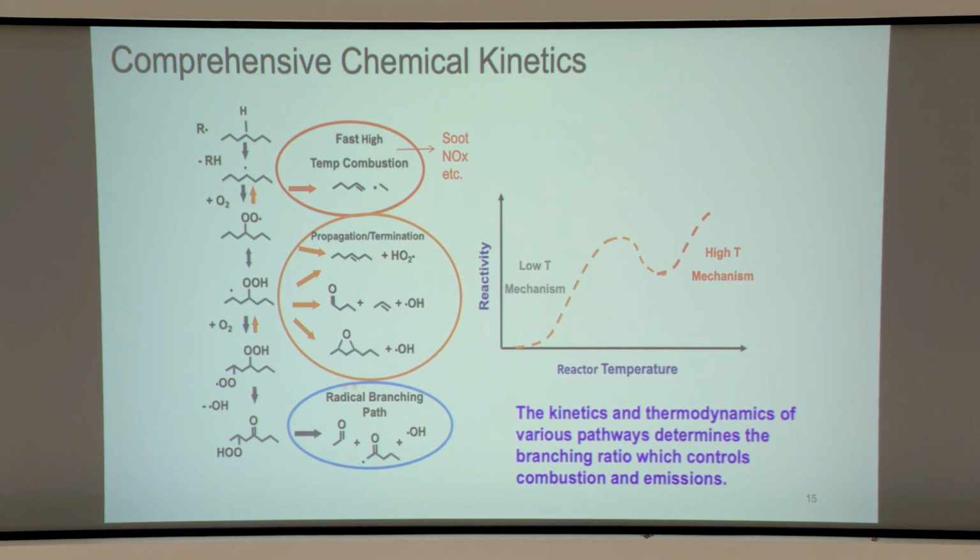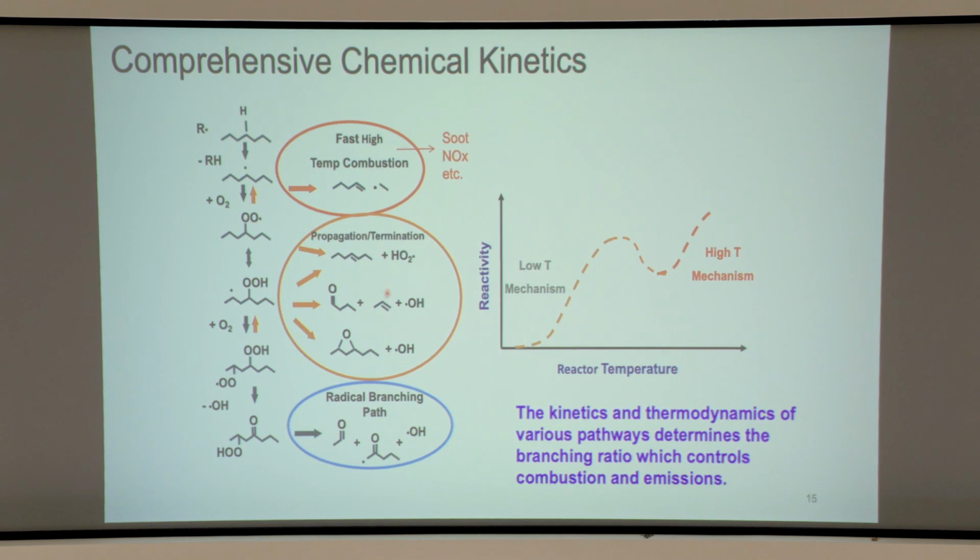Sometimes you could form things like what we call cyclic ether molecules and OH radicals. And the main aspect of this is temperature was increasing when you went down this main pathway, and reactivity increased. But if you keep increasing temperature, all of these intermediate pathways come into play, and they decrease the overall reactivity of the system.